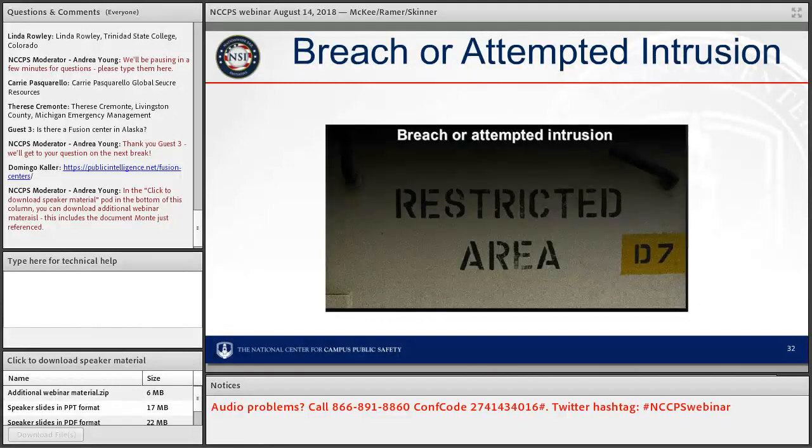Slide 32. As we look down through these indicators, and this first set of indicators being the indicators that are defined criminal in and of themselves, that list starts with a breach or attempted intrusion.